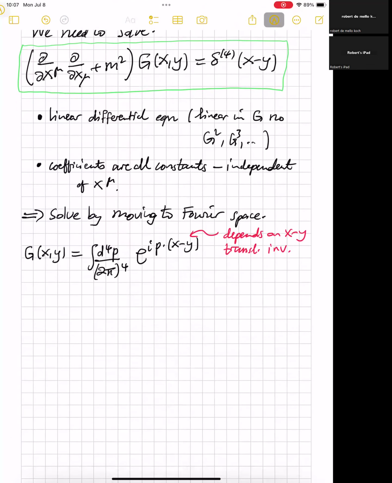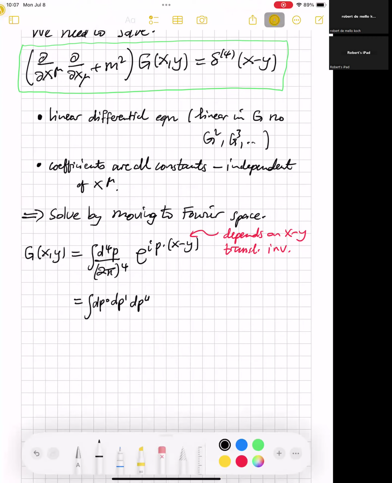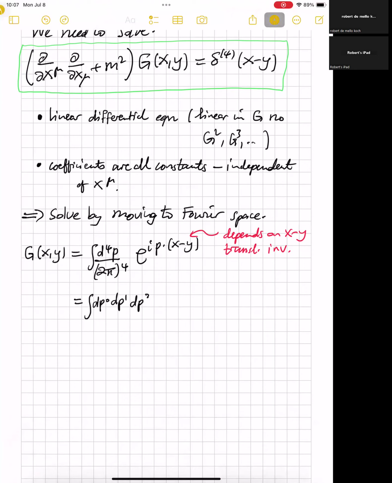And now, let me just write this out completely explicitly because we're going to use this for a moment. This d4p means we're integrating over all four components of the four-momentum, dp0, dp1, dp2, dp3 over 2 pi to the 4. Oh, sorry, guys. Of course, I need my g of p here. That is the Fourier transform of g of x comma y.